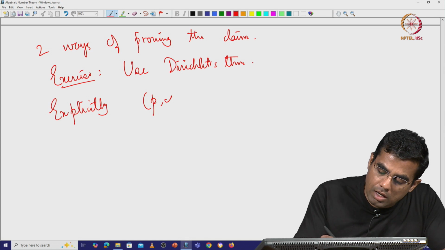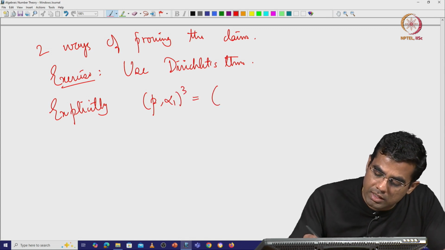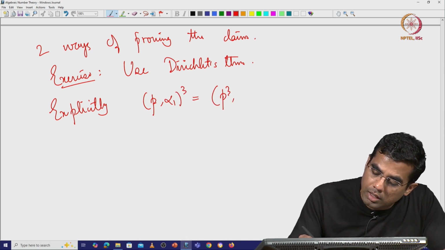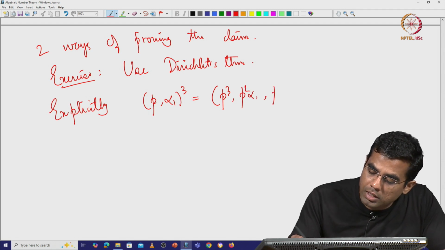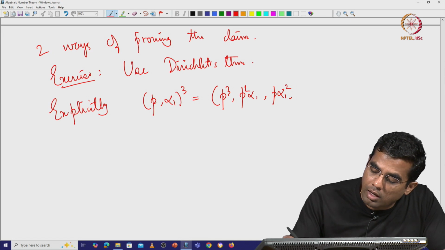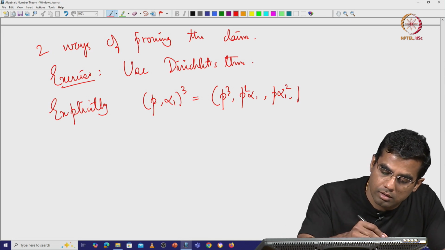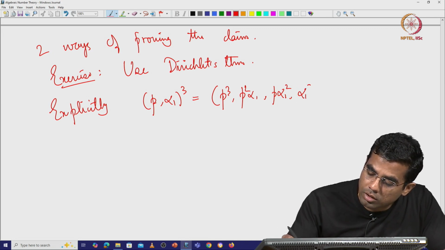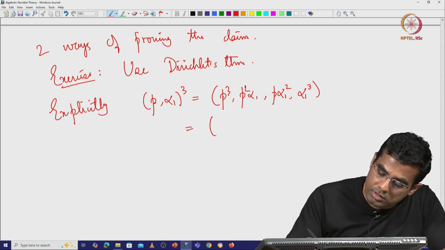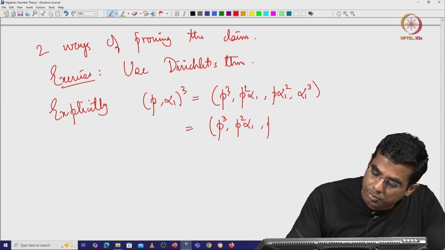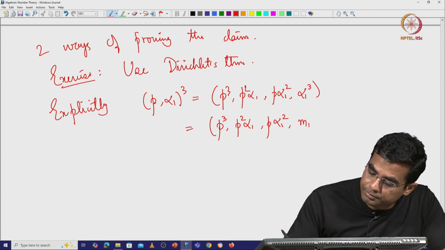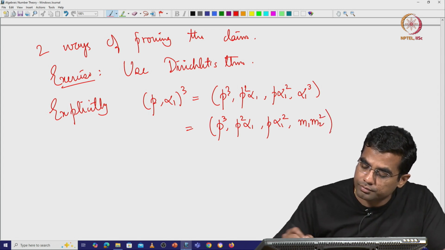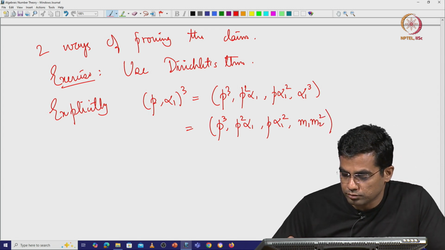So, you take the ideal generated by p and alpha 1, cubed. This is the same as the ideal generated by p cubed, p squared alpha 1, p times alpha 1 squared, and alpha 1 cubed, which is m1 m2 squared. So, this is the same as p cubed, p squared alpha 1, p times alpha 1 squared, and m1 m2 squared.